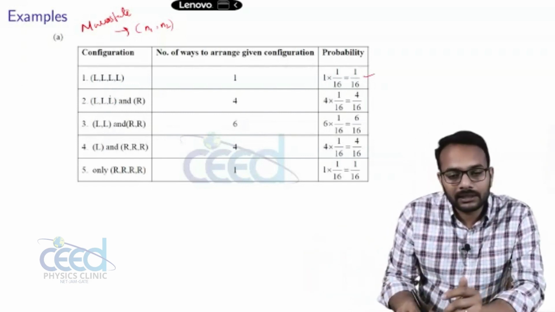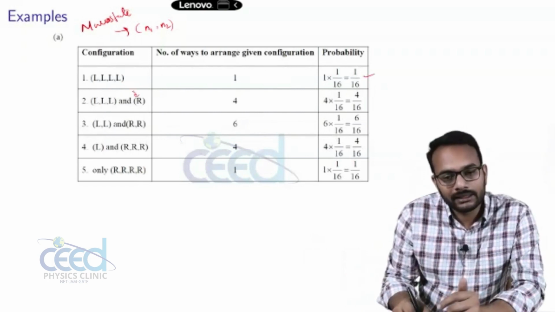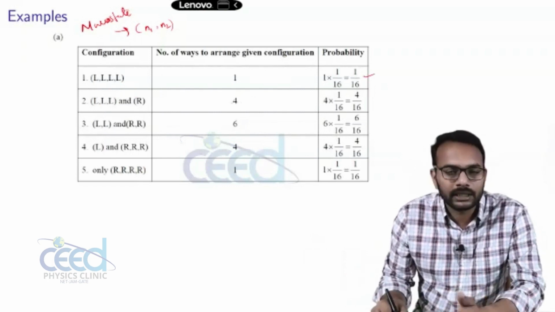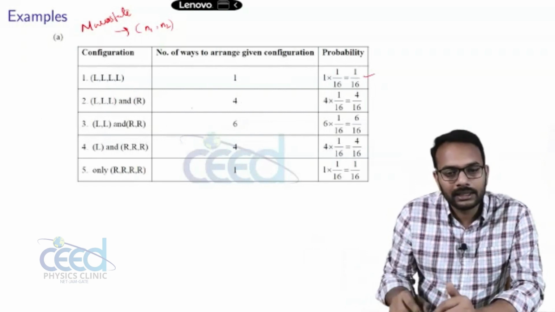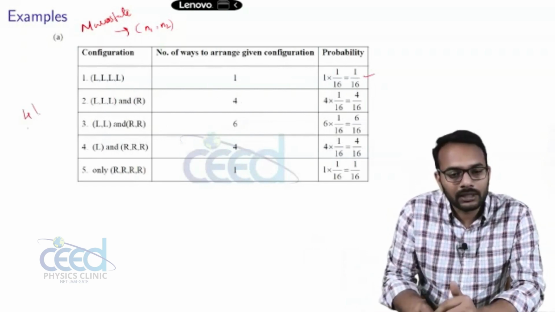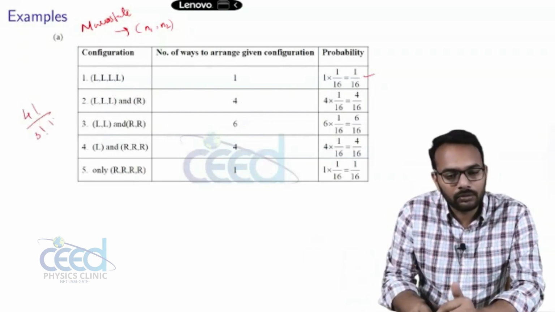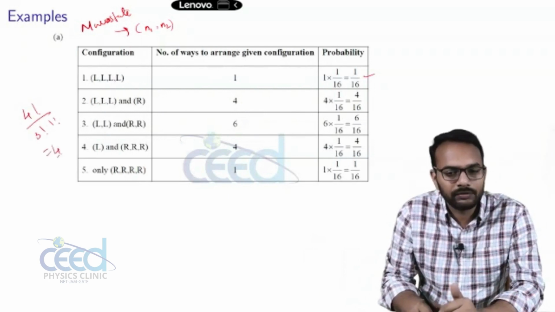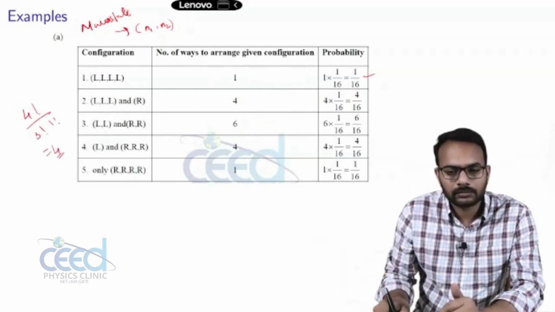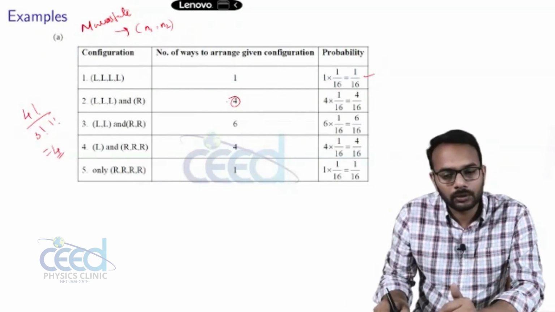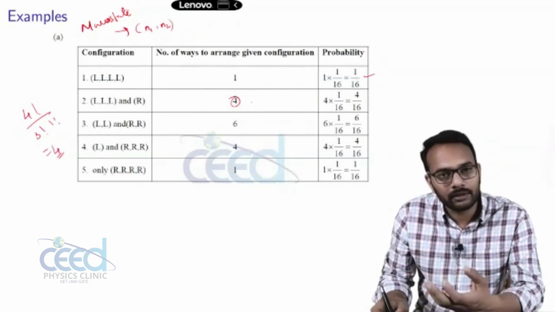What about 3 particles on the left side and 1 on the right side? You know that there are 4 possibilities. You can use the formula: 4 factorial divided by 3 factorial into 1 factorial. So that's simply 4. There are 4 ways to do that, each with probability 1 by 16.